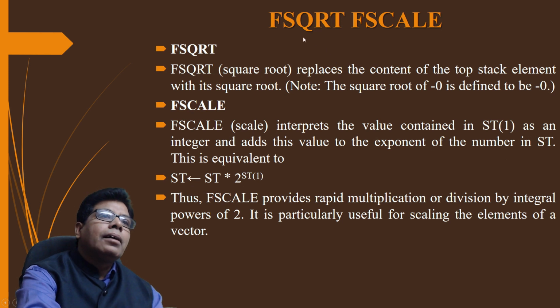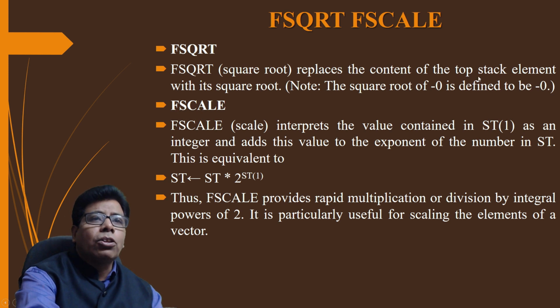Then FSQRT and FSCALE, these two instructions we'll see. FSQRT, that is square root, replaces the content of the top stack element with its square root. So if you just give FSQRT, the stack top ST is replaced by the square root.